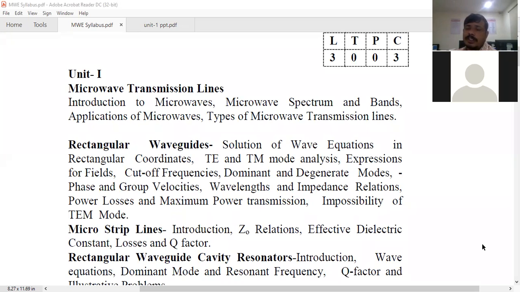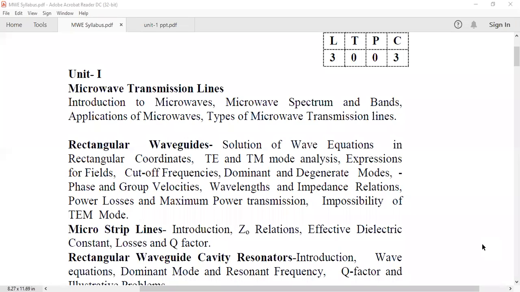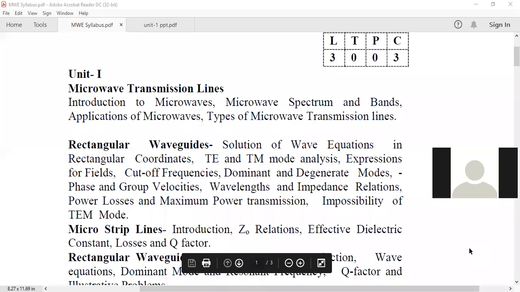Yes, sir. Good. What are the different microwave transmission lines?